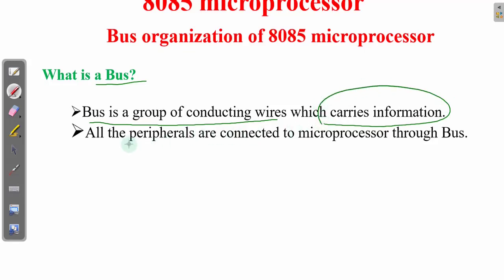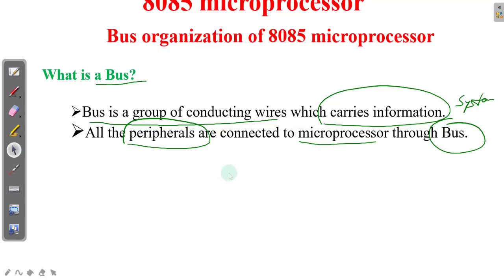All the peripheral devices are connected with the microprocessor through this bus only, or you can say system bus. Whether you say system bus or bus, it means the same thing.